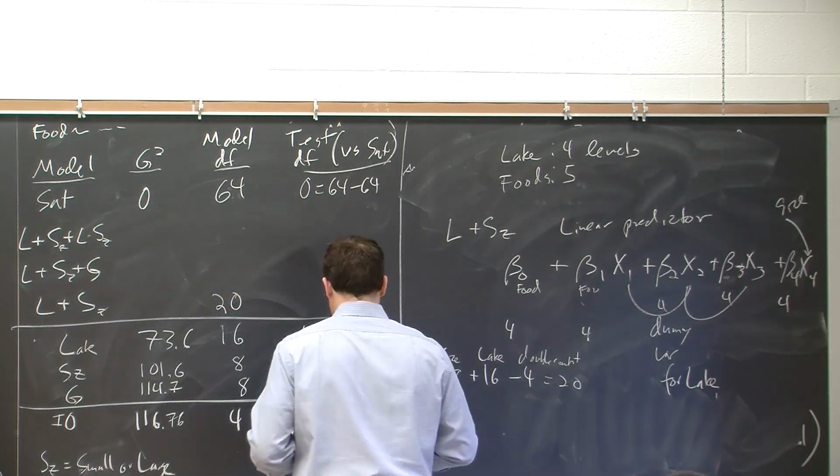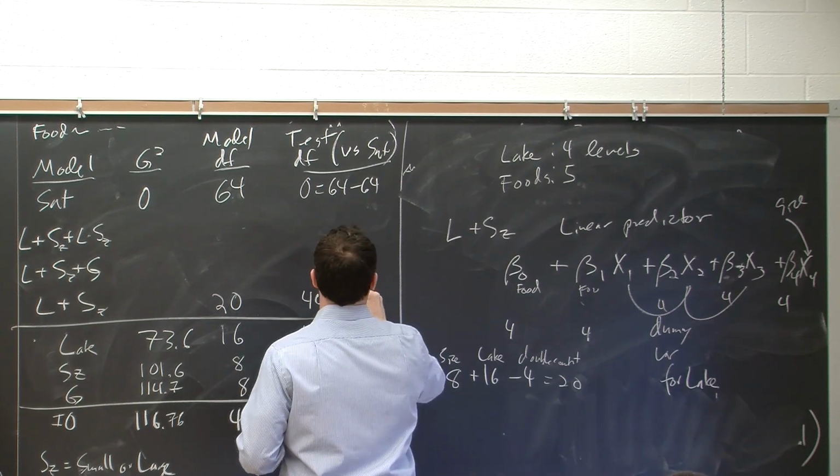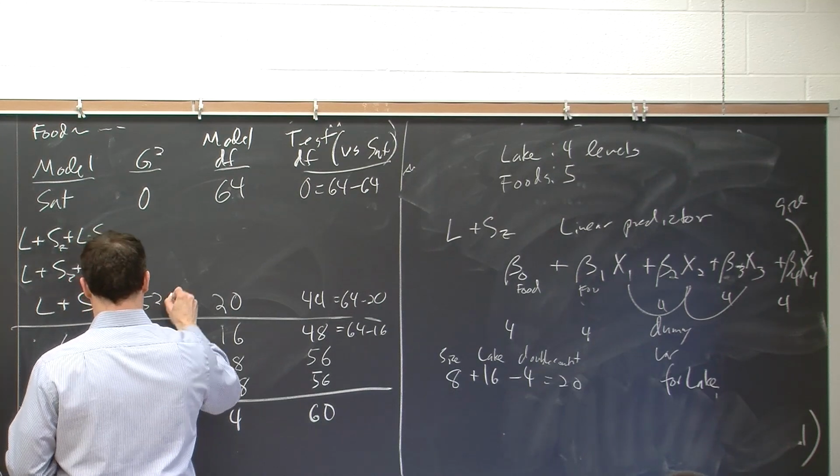64 minus 20 is 44. And the G squared here is 52.5.